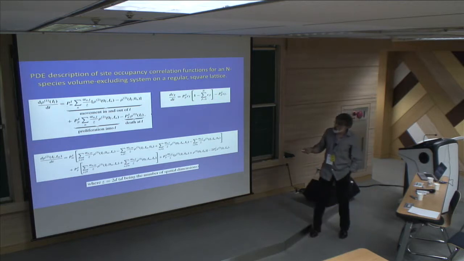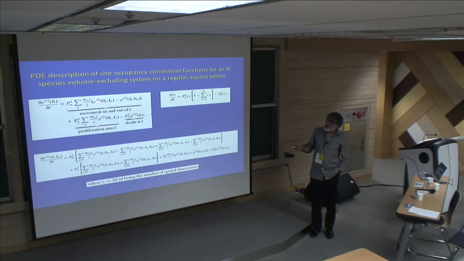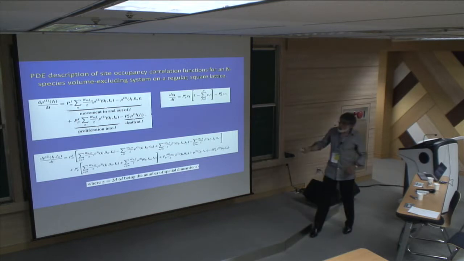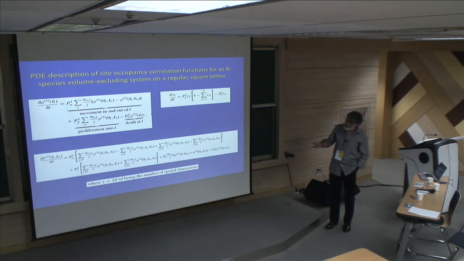But when you take the limit of this, it's making the assumption that the mean of A times B is the mean of A times the mean of B. It's making that closure approximation, okay? Which may not be true. So now you see that to close this system, we need to find equations for these correlations here.